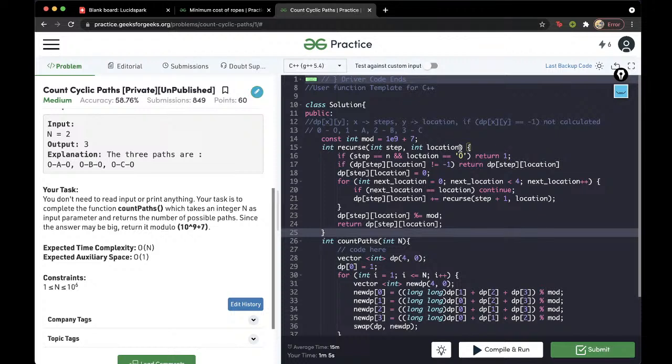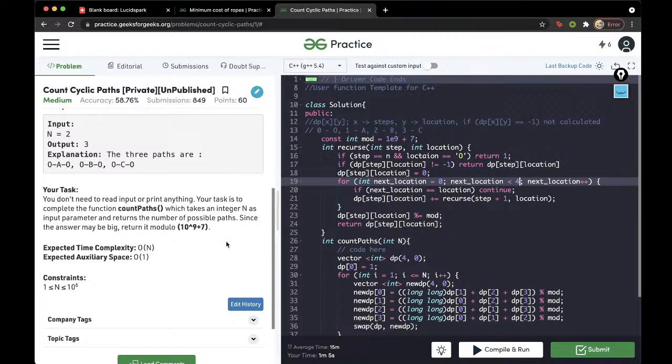The time complexity, how you calculate for a recursive solution, is the number of states. You multiply both the states, x is essentially n, 1 to 10 power 6, and y is basically 4, so 4 into 10 power 6, into whatever the complexity is inside the recursive function, which here is 4, so it'll be 4 into 4 into 10 power 6, which is 4 into 4 into n basically, which is almost O of n time, because you can ignore the constant.